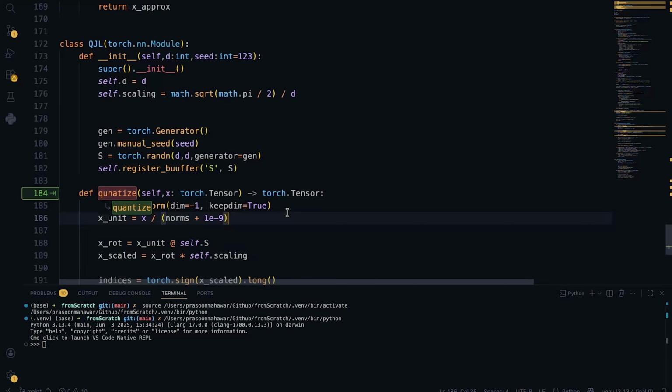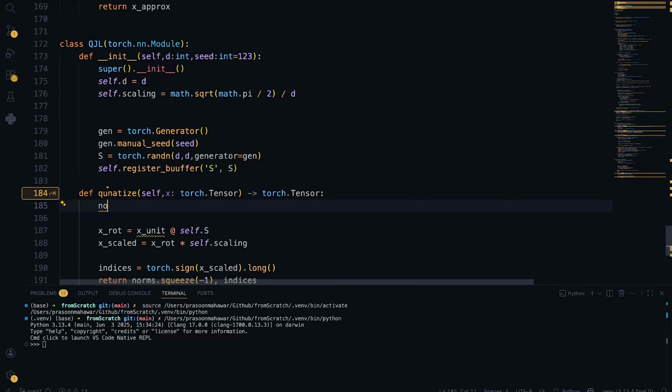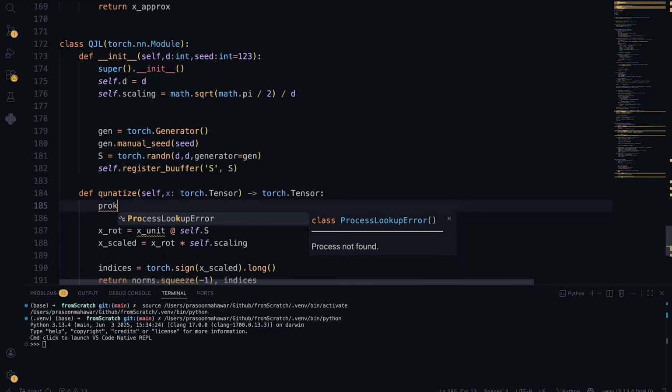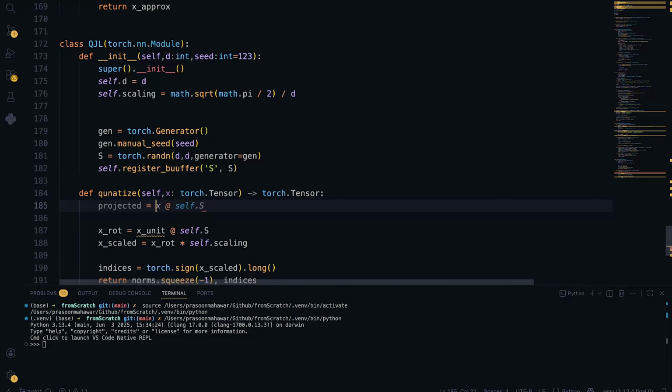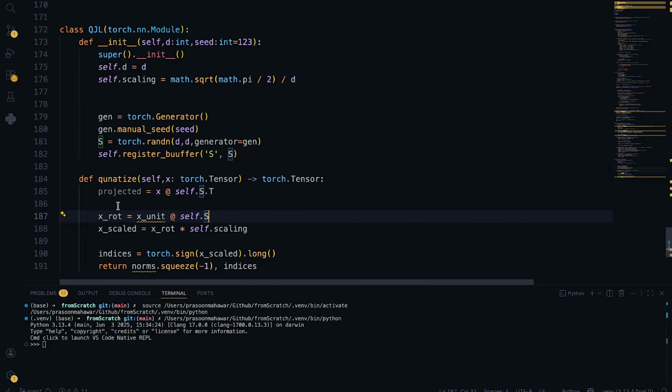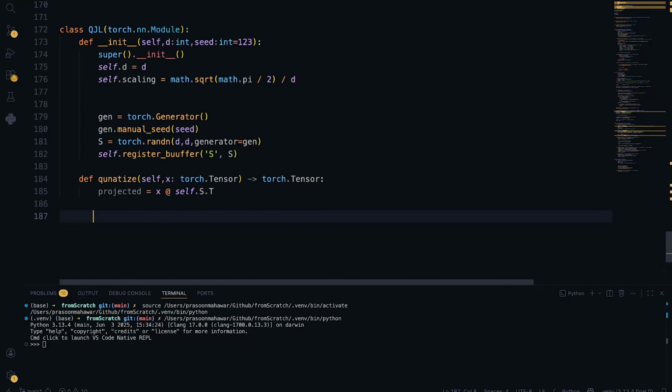First we project through the random matrix: projected equals x matrix-multiplied with self.s transpose.